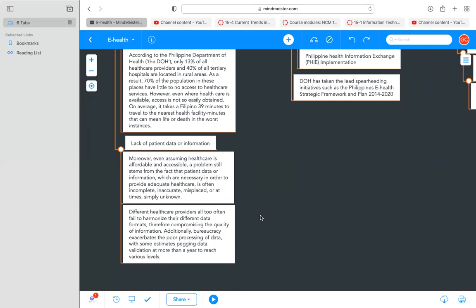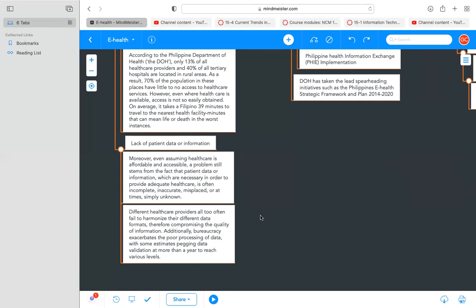Different healthcare providers all too often fail to harmonize their different data formats, which also affects the exchange of patient information and thereby compromises the quality of the information that is shared.